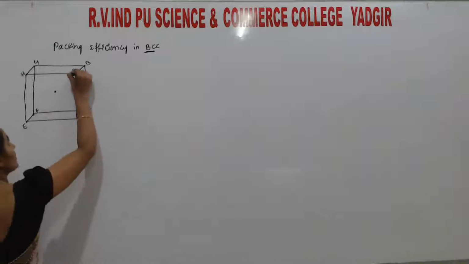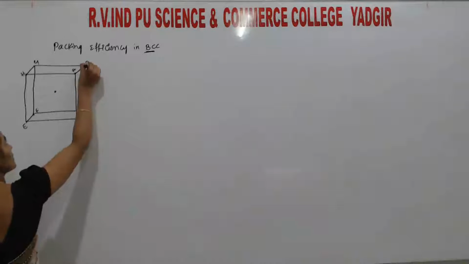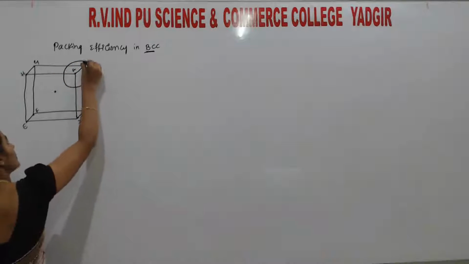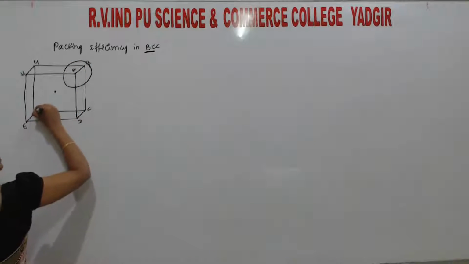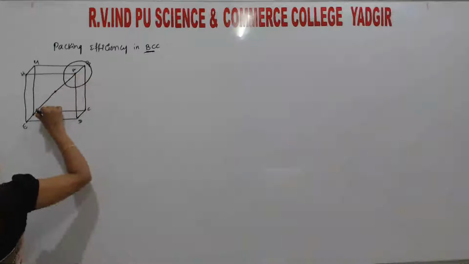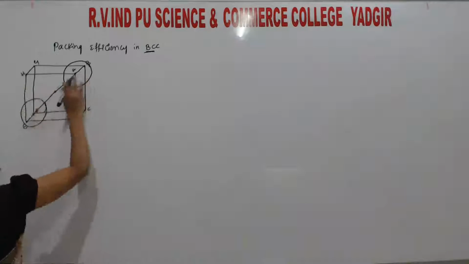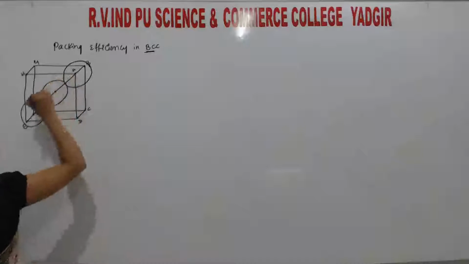Listen here. We are considering these three points. Take this one as the center. I will draw the diagram here with spheres. Another sphere. This one is the body center.